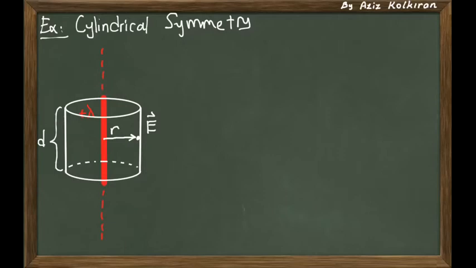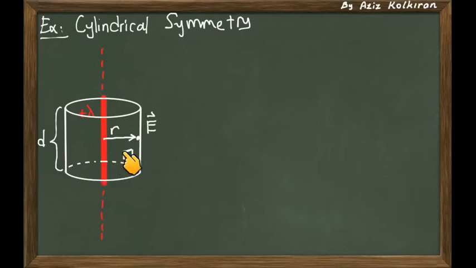So let's give some dimensions to this surface. Let's take the height of the cylinder as d, and the next thing to do, of course, is to calculate the electric flux through the surface of this cylindrical pillbox. To find this, again, we have to determine the area vector at every point of this surface.